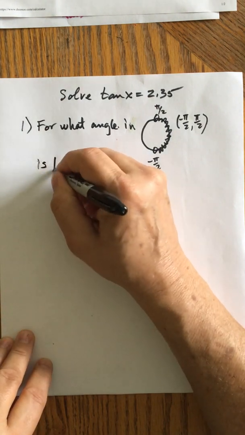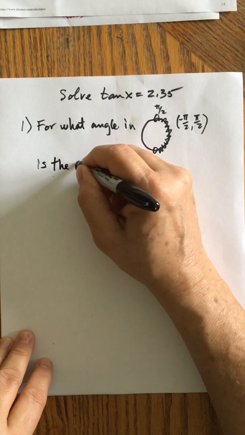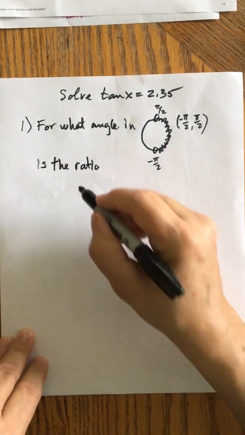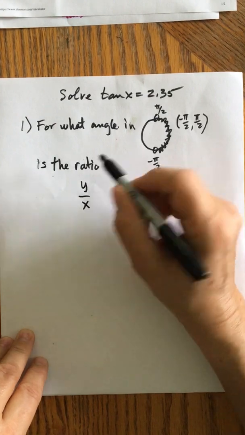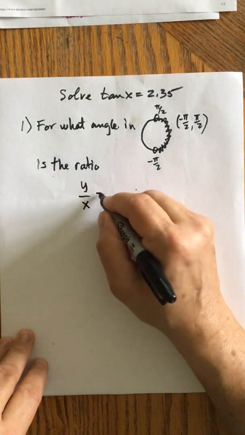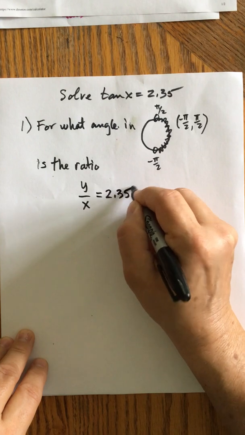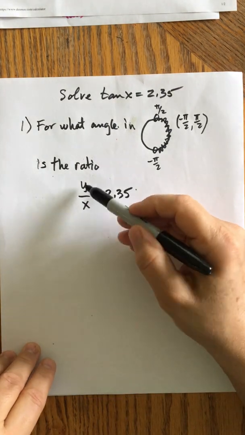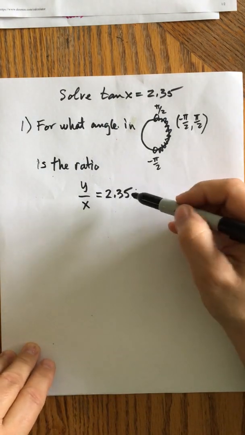is the trig ratio, right? In this case, since we're talking about tangent, we're looking at y over x. So where is this trig ratio equal to 2.35? So really what you're saying is that this slope, y over x, is about 2.35.